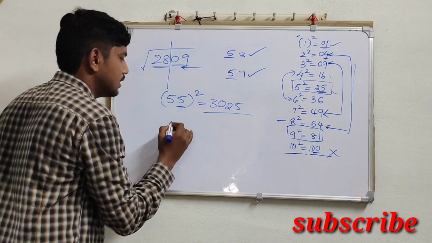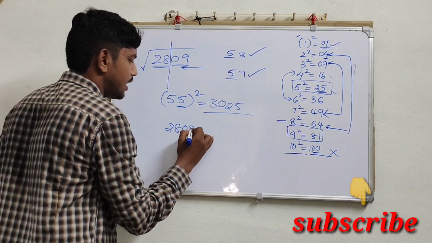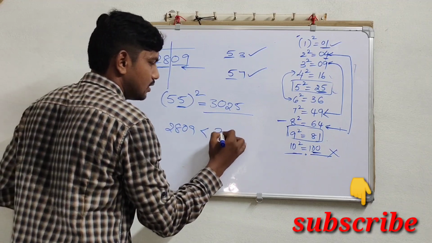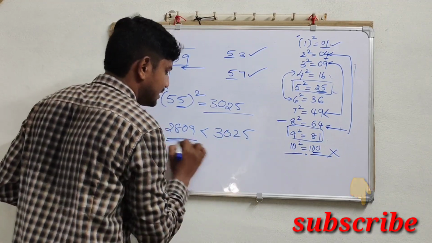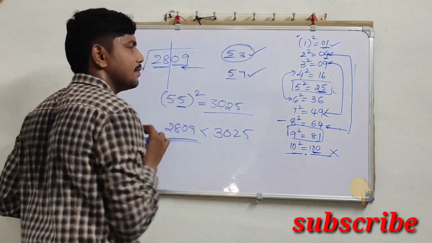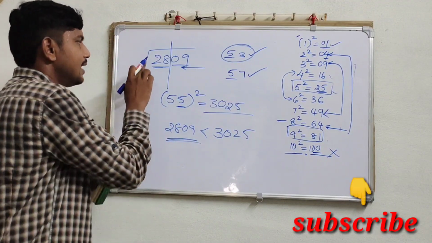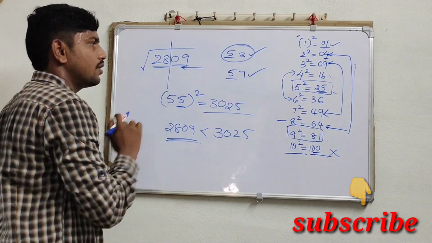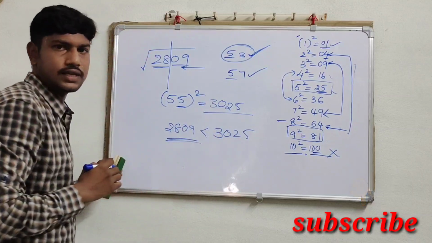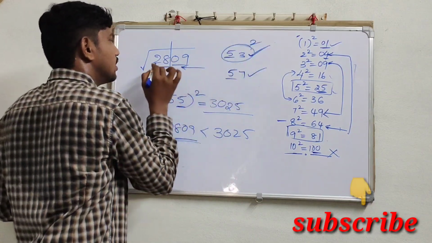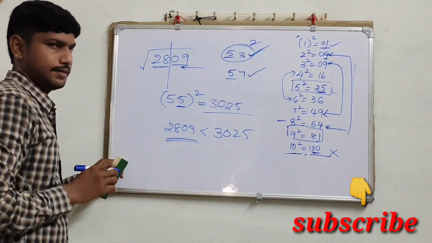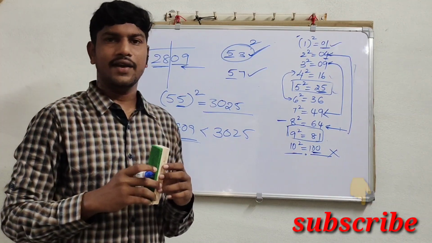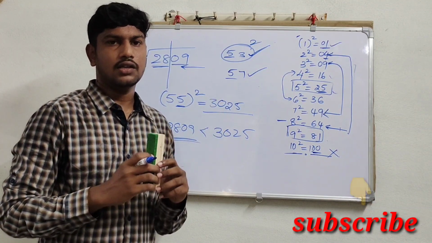You see that 2809 is less than 3025. If it is less than the number, go for the smaller number, 53. Then the square root of 2809 is 53. We can also say that 53 squared is 2809.